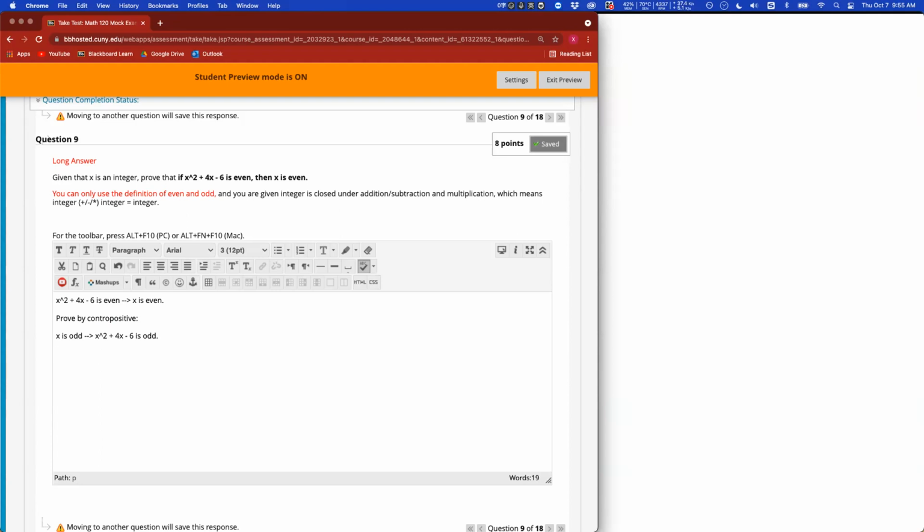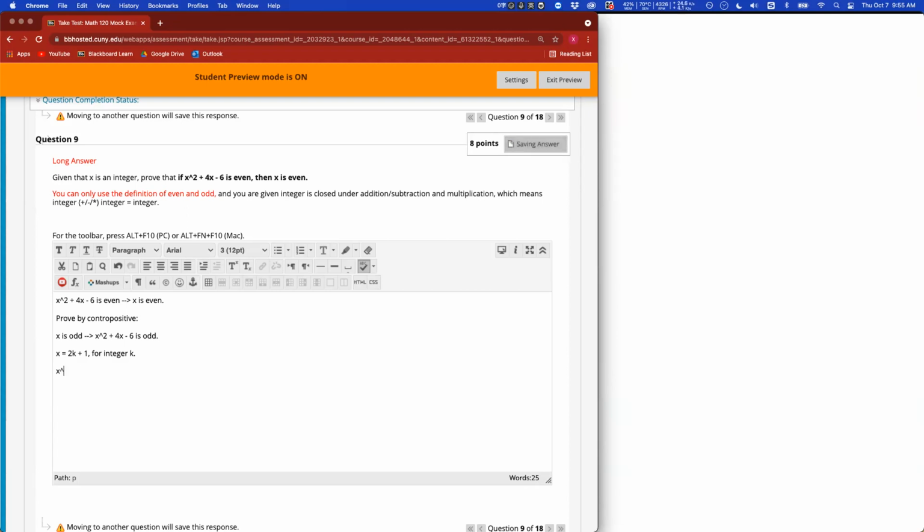Now, since x is odd, we can write x as 2k plus 1 for integer k, right? You need to define your variable. So you can just say integer k, otherwise k can be 0.5, right, a fraction.